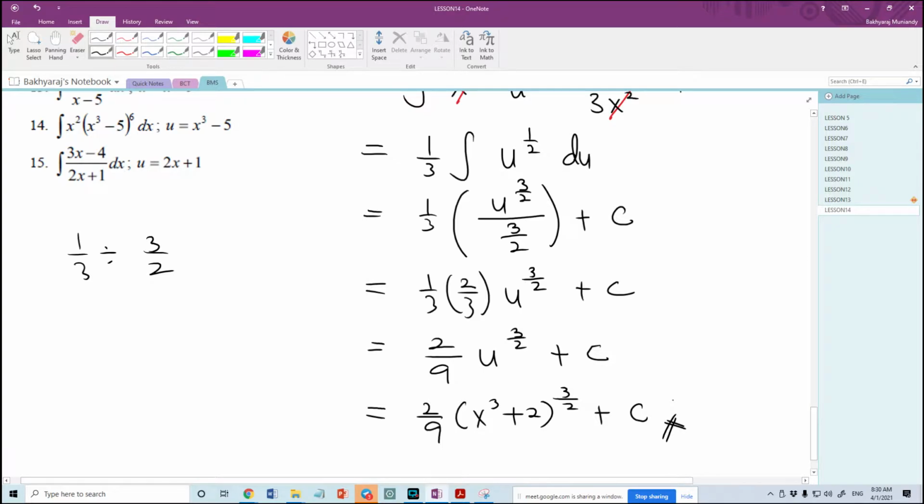We should change u to x again, because u we just use as a tool to solve, but once you solve you must replace the u in terms of x. So I think for the first 3 questions we just see the manipulation. Right after this we have to complete the question. So the last answer should be in terms of x.